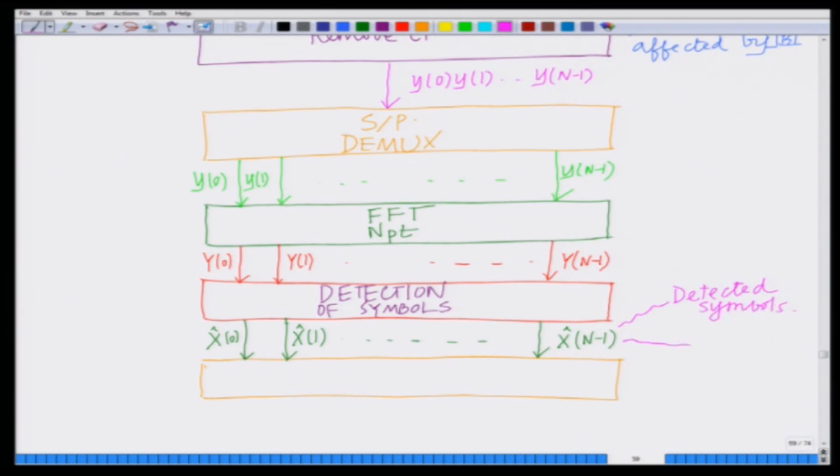And observe that X hat of k is not necessarily equal to X of k. We are denoting the detected symbol by X hat of k and not capital X of k, because the detected symbol capital X hat of k need not be equal to the transmitted symbol capital X of k.